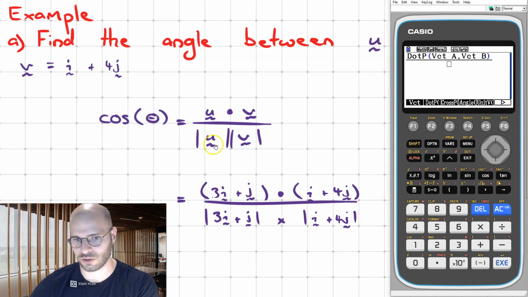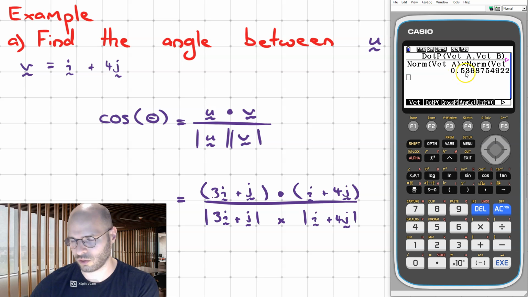Next, I have to do the magnitude of these two. So I'm going to go across, I'll go norm, F6 again to get back, vec a, close it off, multiply, vec b, close it off, execute.